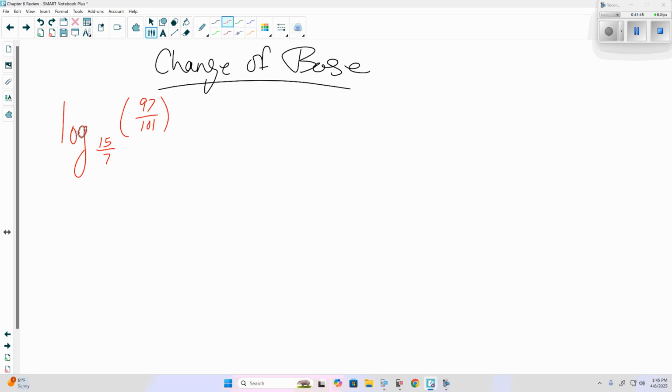The change of base formula says that we can take log base b of m and rewrite it as log of m over log of b. This is common logs. We're rewriting the base as base 10. We can also do this with natural logs.